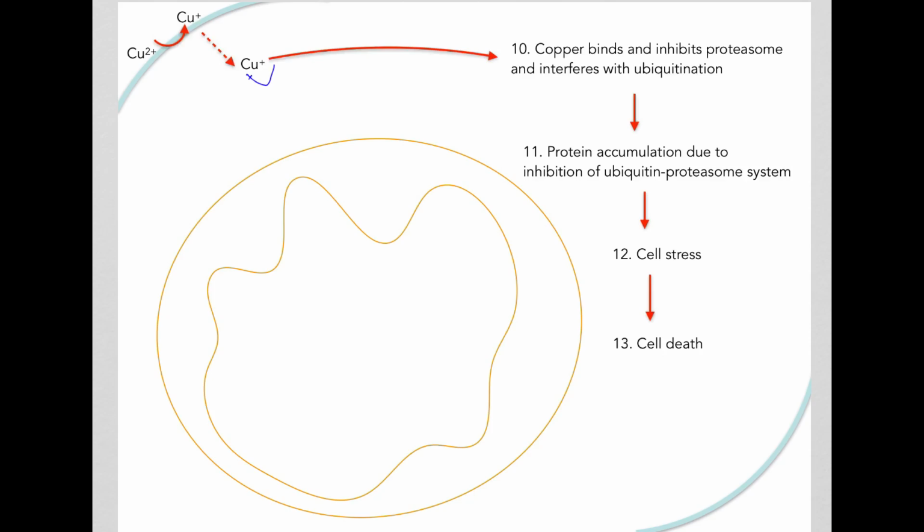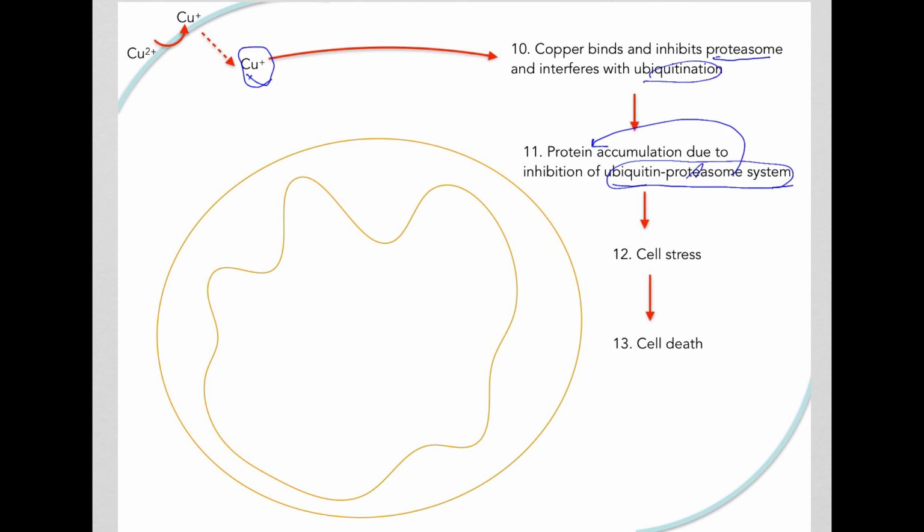Now, excess Cu+ can also bind and inhibit the ubiquitin proteasome system. So it inhibits the proteasome and interferes with ubiquitination. Remember, this system is important for destroying excess proteins.